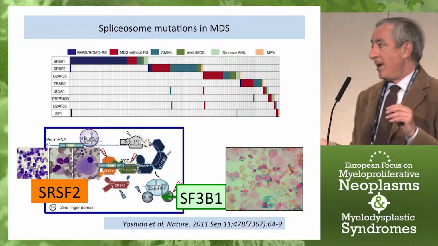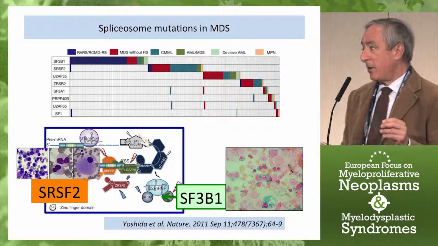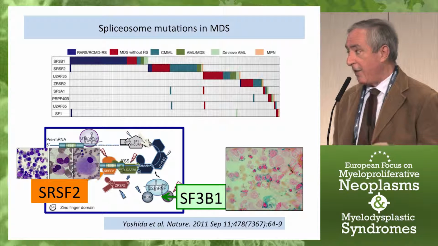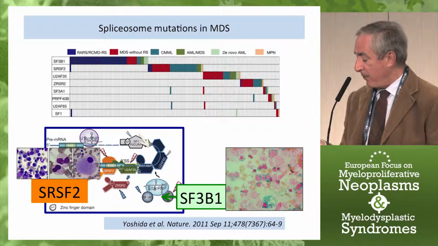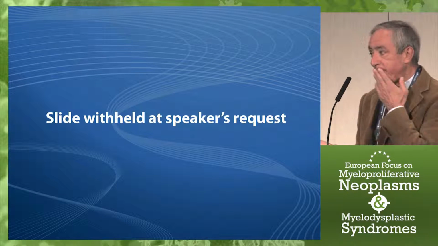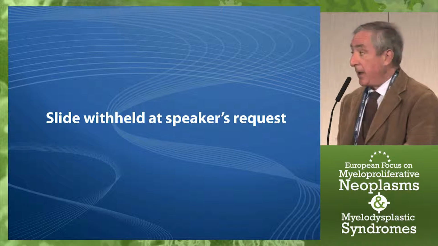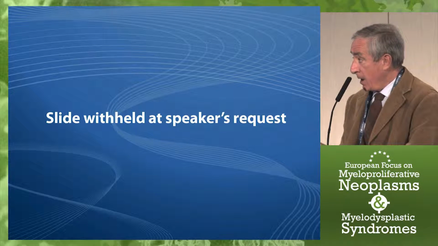So different splicing factors result in different phenotypes, but more importantly, they have very different clinical effects.